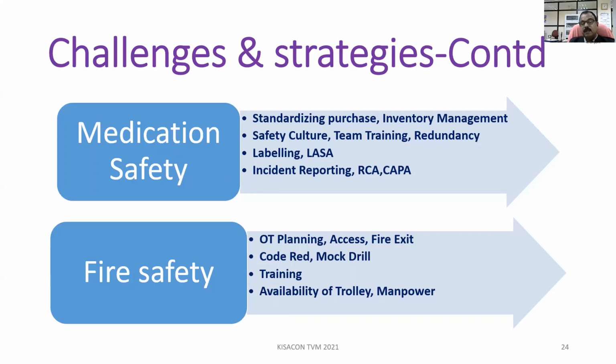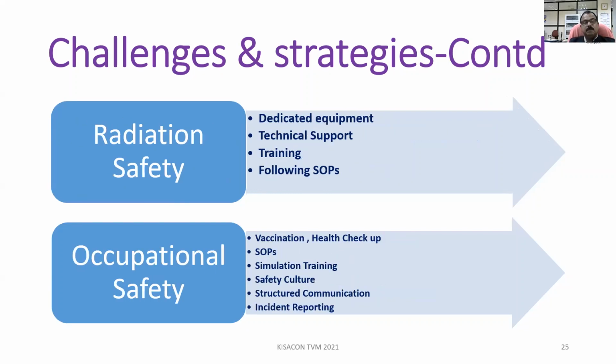So this needs to be addressed during the planning of the theater, proper access has to be provided, and fire exits have to be there, and we need to conduct mock drills, code red, and the proper training of the people in all the various categories has to be done, and also the trolleys and the manpower have to be made available.